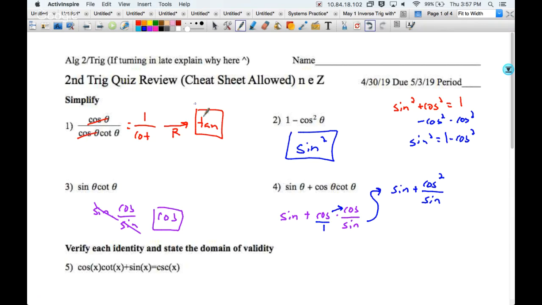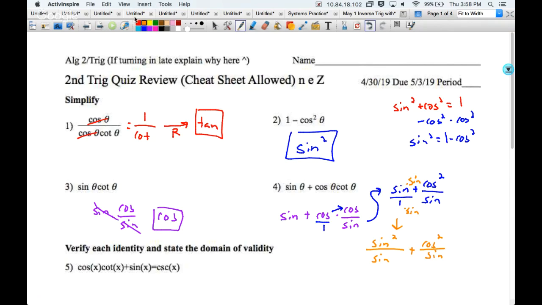Now I'd like to combine these, but this has a denominator of 1, and this has a denominator of sine. So I've got to make those match. The easiest way to do that is to multiply this first one by sine over sine. Now I've got sine squared over sine plus cosine squared over sine.